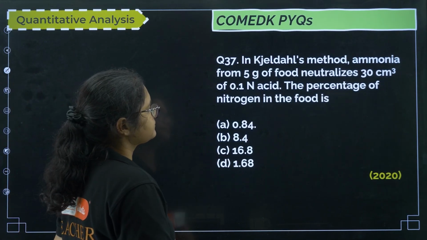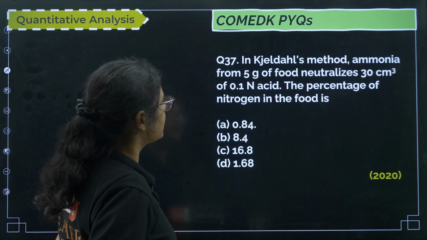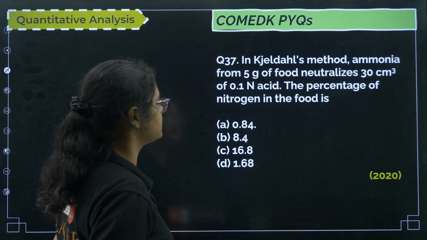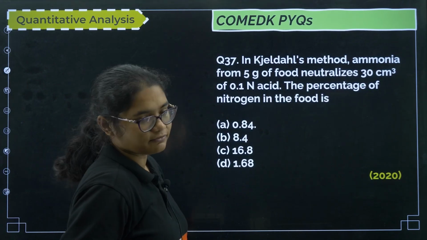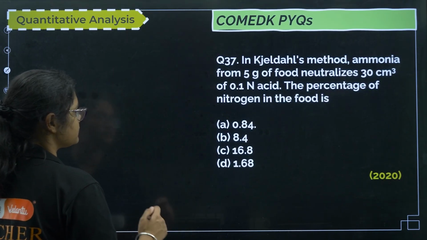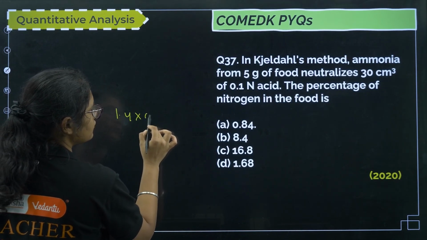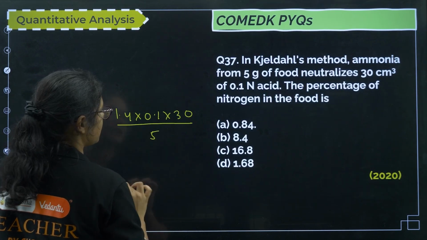Next, this is another question. In Kjeldahl method, ammonia from 5 gram of food neutralizes 30 centimeter cube of 0.1 N acid. The percentage of nitrogen. So very similar to the previous question, we can just directly do it. So 1.4 into 0.1 into 30 divided by 5 grams, right?